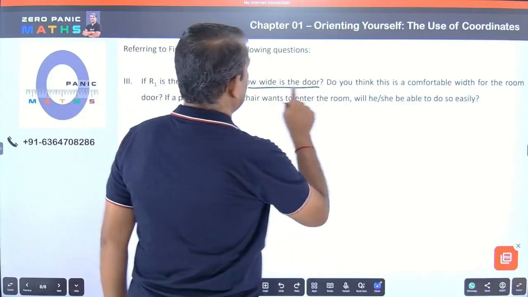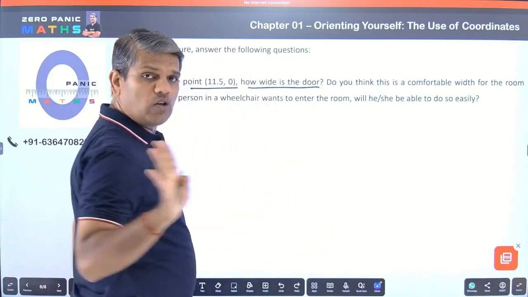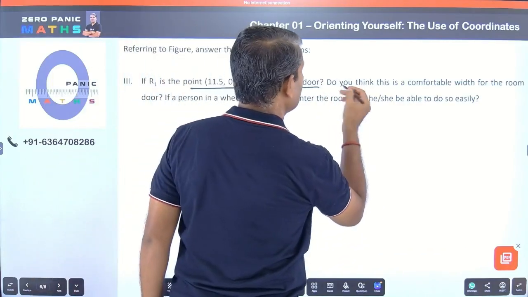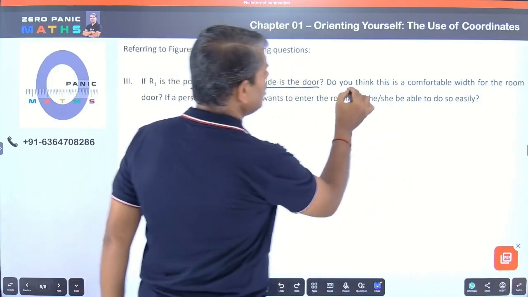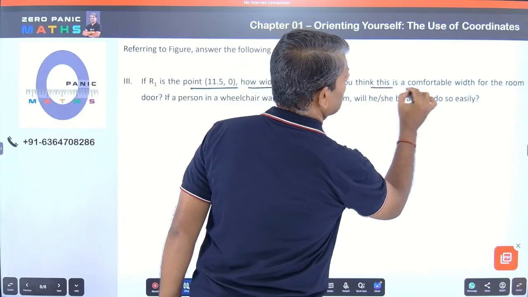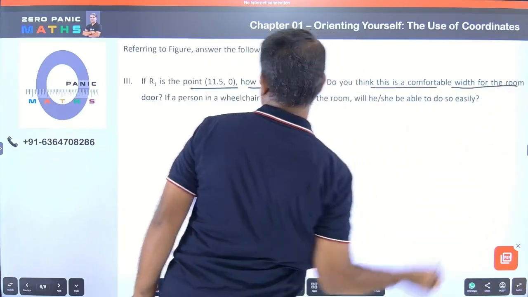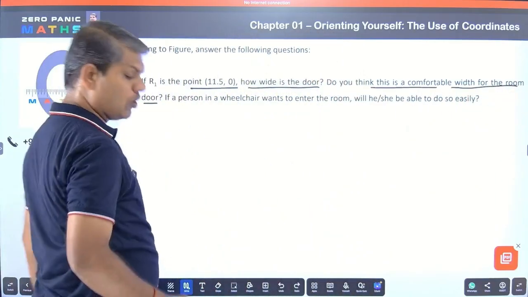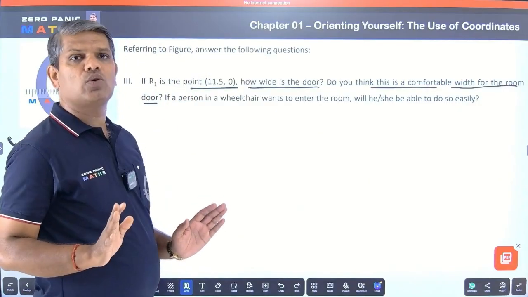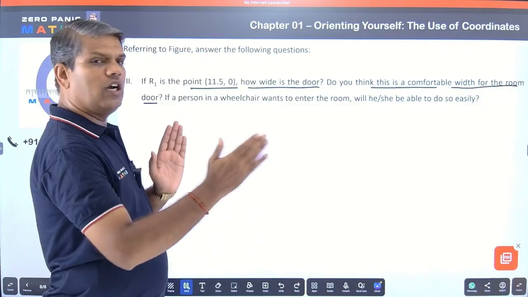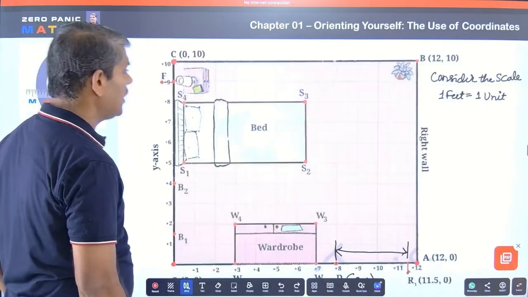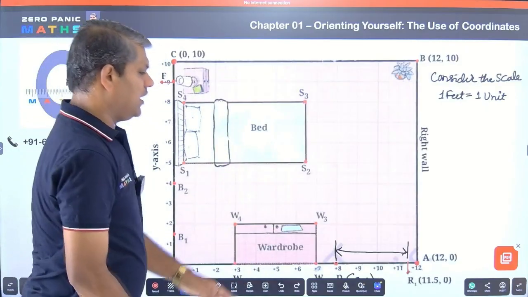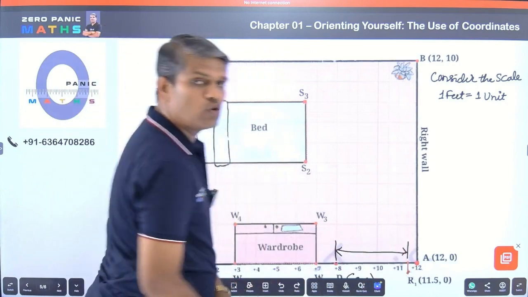First of all we need to find out the width of the door, and the next questions are some simple questions: do you think this door is a comfortable width for a room door? Whether 3.5 width, as it is given here, will be sufficient for the room door or not.